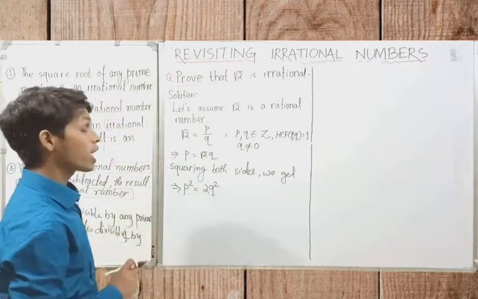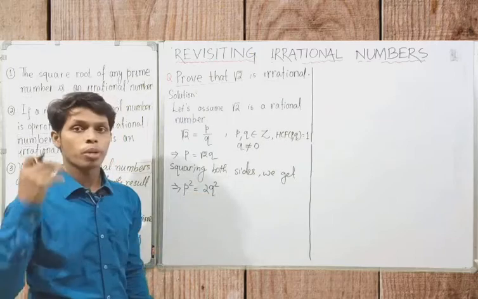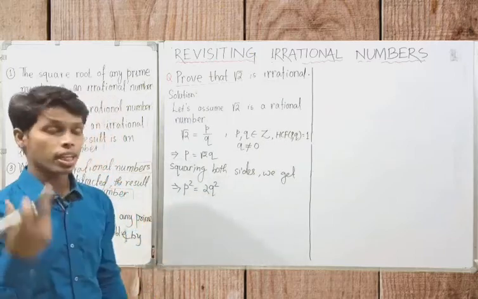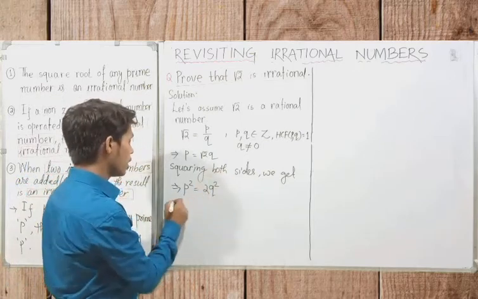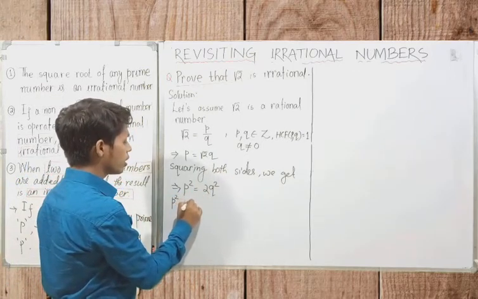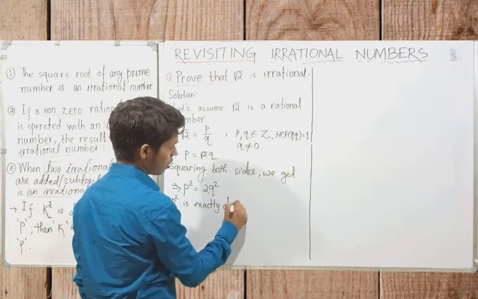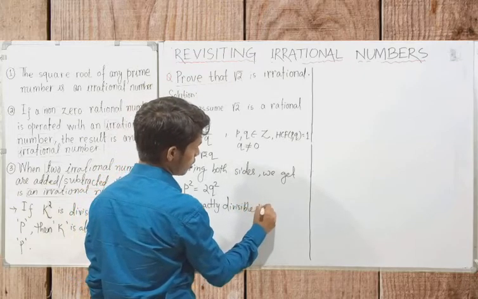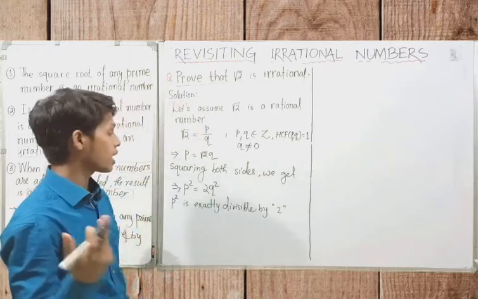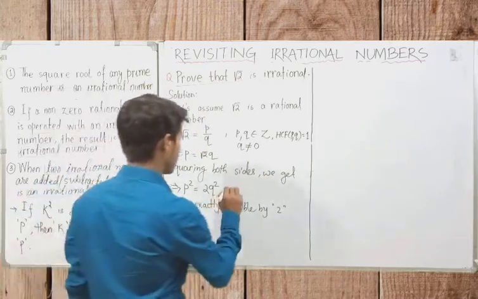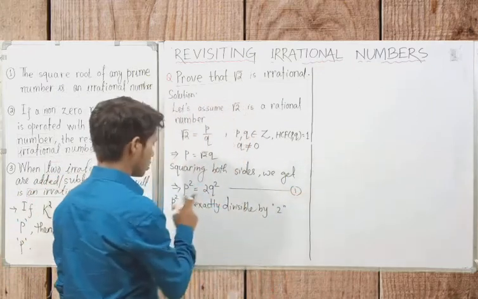So if p square can be written as 2 into something, we don't know the value of q, so q may be any integer and square of q may be any integer. So if we can write p square equal to 2 into any integer, that means p square is exactly divisible by what? Divisible by 2. If we can write any number as 2 into something, that number is divisible by 2. So let's give some numbers to these lines.